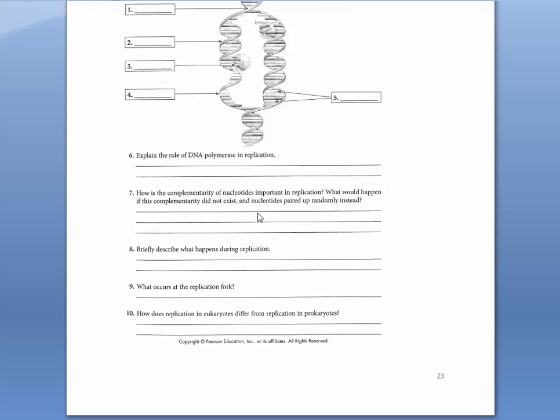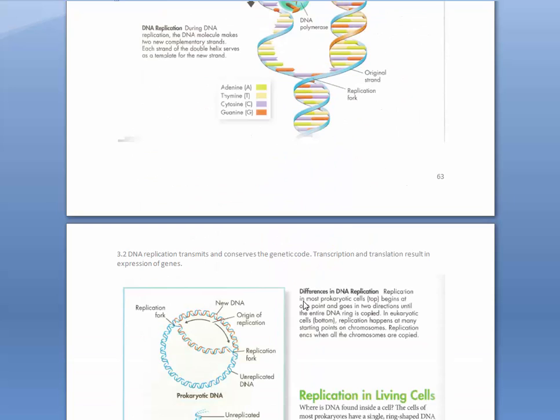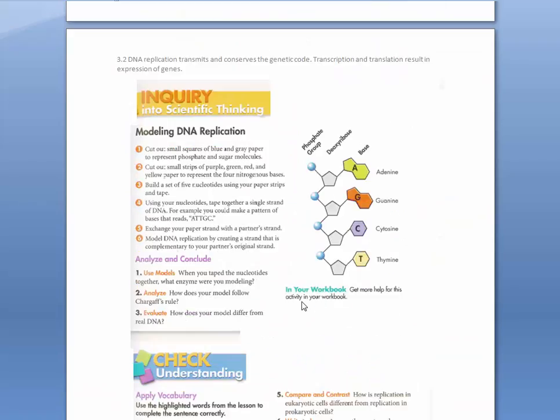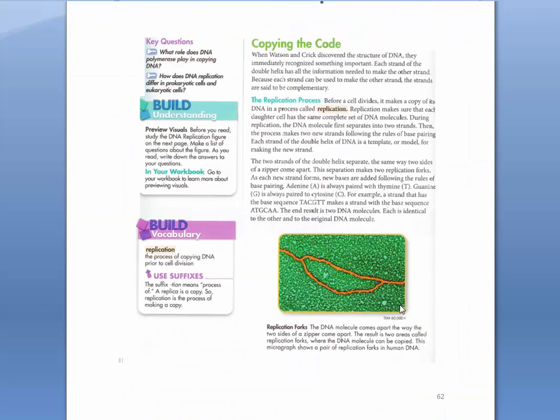Number 7, how is the complementarity of nucleotides important in replication? Now, if we look here on page 62, there are 4 bases. There's adenine, thymine, guanine, and cytosine.